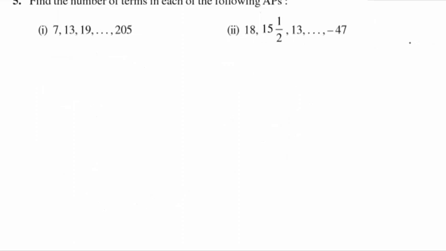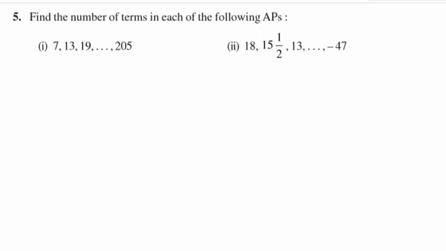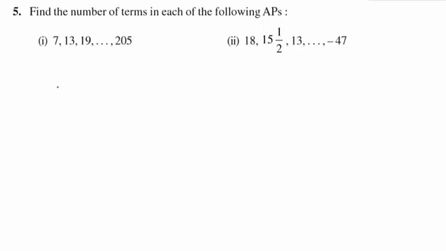Find the number of terms in each of the following APs. Number of terms means we have to find n, because n denotes the number of terms in an AP.